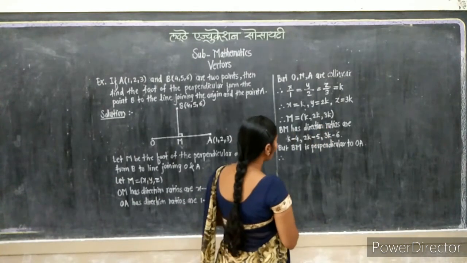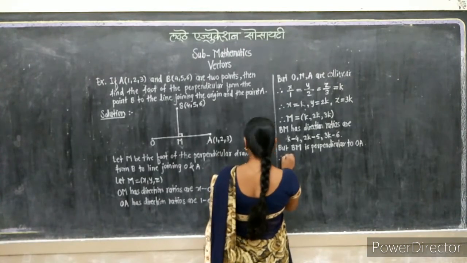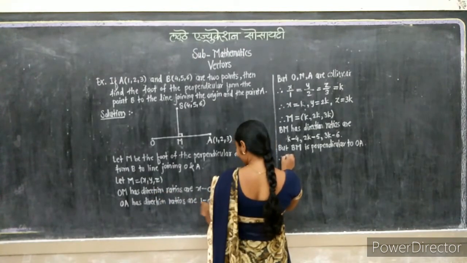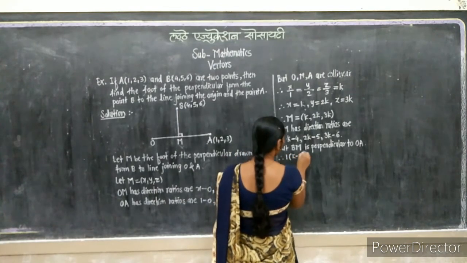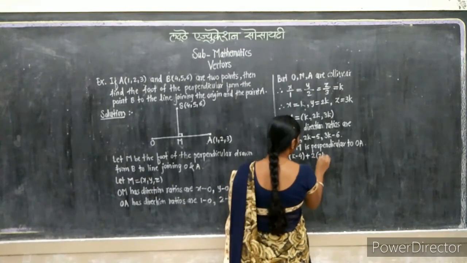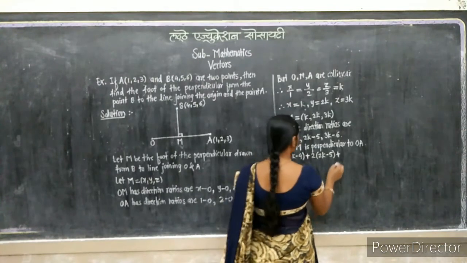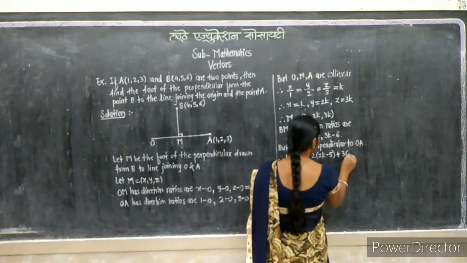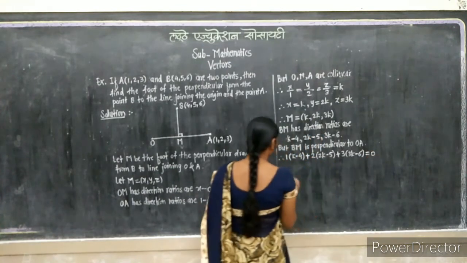Here a1, a2, a3 are the direction ratios of OA: 1 in bracket k minus 4, plus 2 in bracket 2k minus 5, plus 3 in bracket 3k minus 6 is equal to 0.